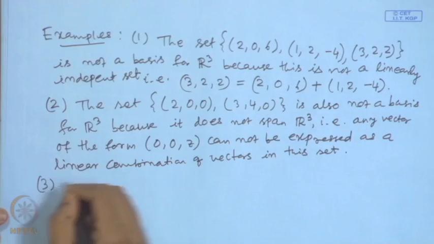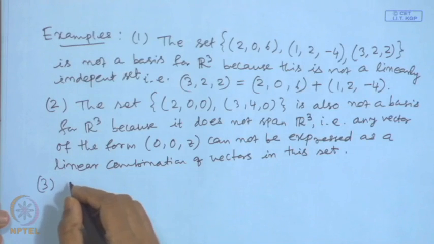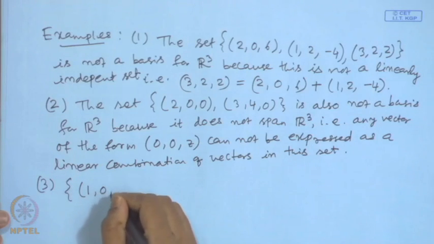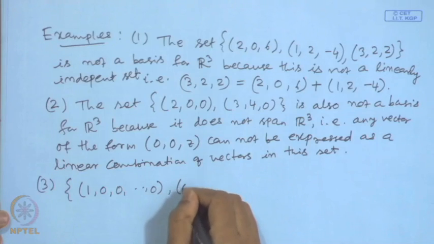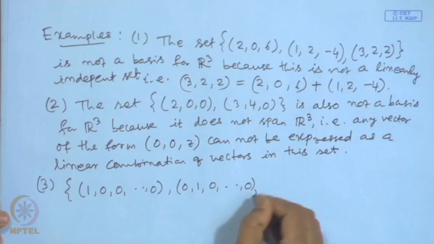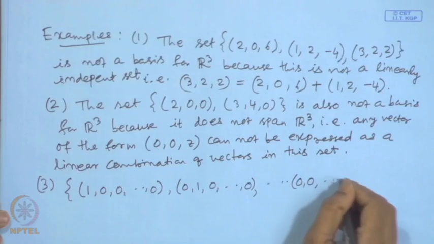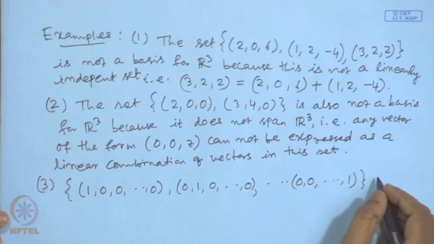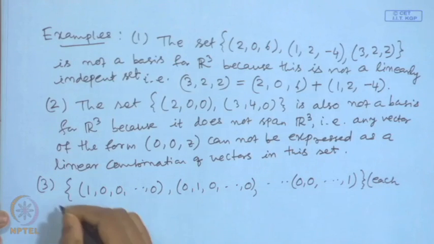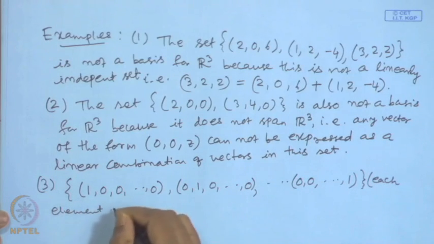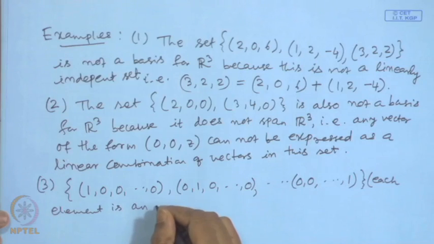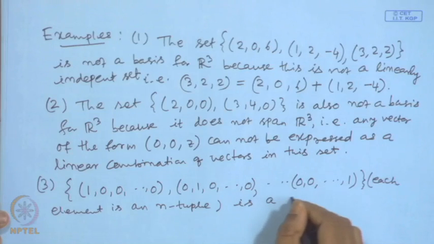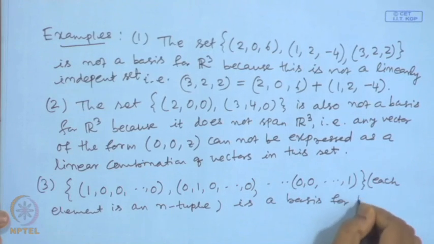The third example is like this. However, this set consisting of vectors (1, 0, ..., 0), (0, 1, 0, ..., 0), up to (0, 0, ..., 1), where each vector is an n tuple, is a basis for Rn.